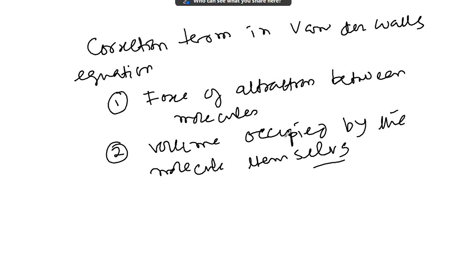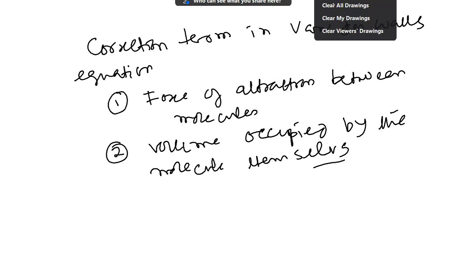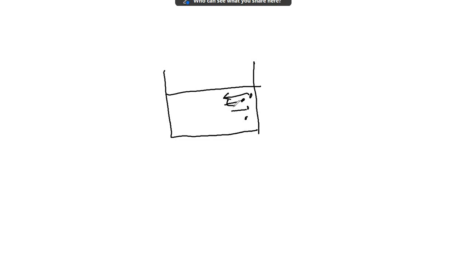Okay, let us see how we can explain all this to you. Suppose this is a container. The molecules which are about to strike the walls are attracted by molecules from behind. As a result, the force with which they strike the walls will be much less than it is supposed to be in the absence of attractive force.